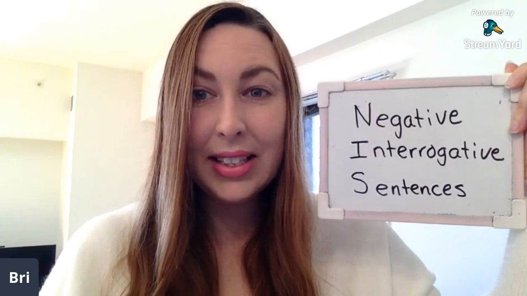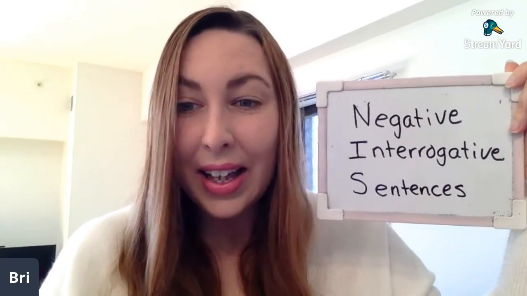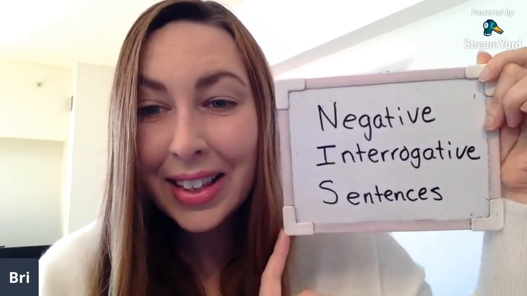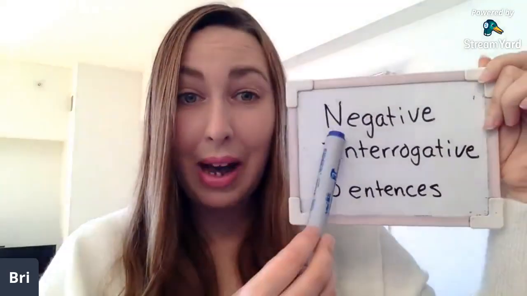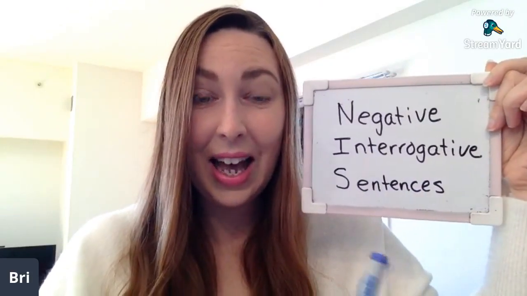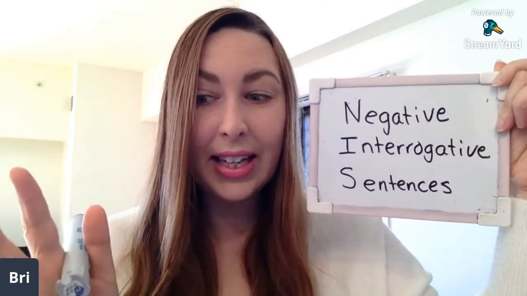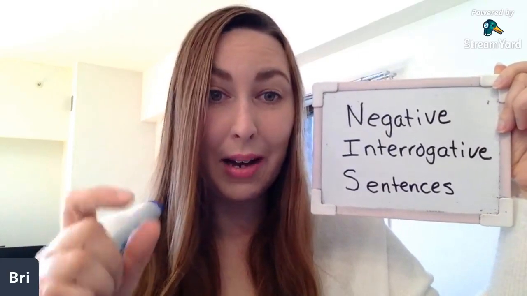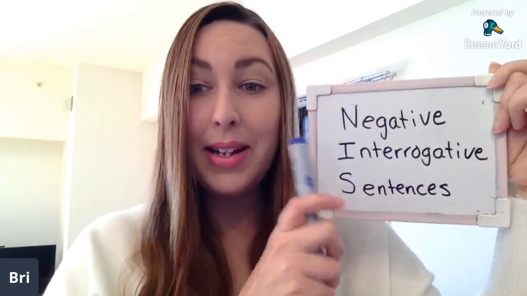Very good. Okay, so let's see. Oh, thank you. Yeah, I'm feeling much better. Thank you so much. Okay, so do you guys know how to make negative interrogative sentences? I heard that a lot of students had some confusion about how to make them negative.